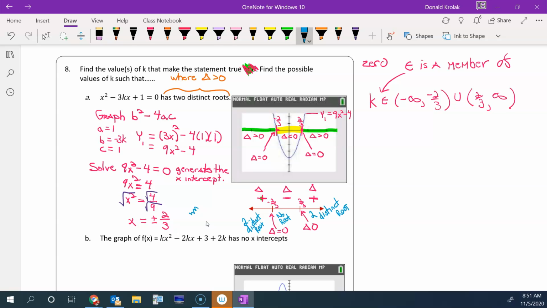And for where it's equal, you have two equal roots. So that's how you interpret these values. This one would be two equal roots. So if it's positive, two distinct roots, those two areas. If it's negative, you got no real roots. And then if it's equal, you got two equal real roots.